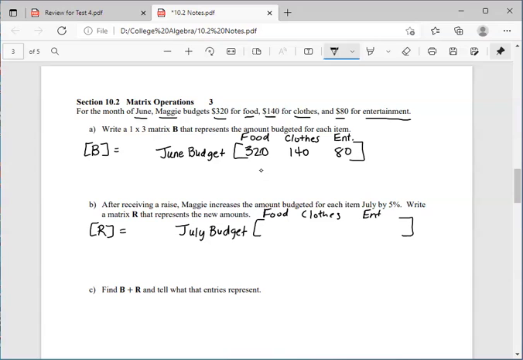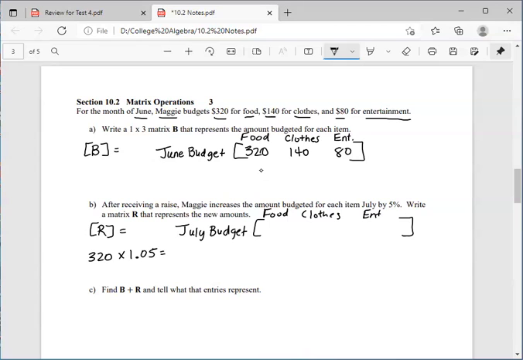And so the easiest way to get this, we could also do this using the matrices, but I'm going to go ahead and do this here, and I'll show you in just a minute how we can get those numbers. If I multiply by 1, that will give me back my $320 I had already. And I want a 5% increase, so I also want to multiply by 0.05. This kind of saves you from having to do 2 steps.